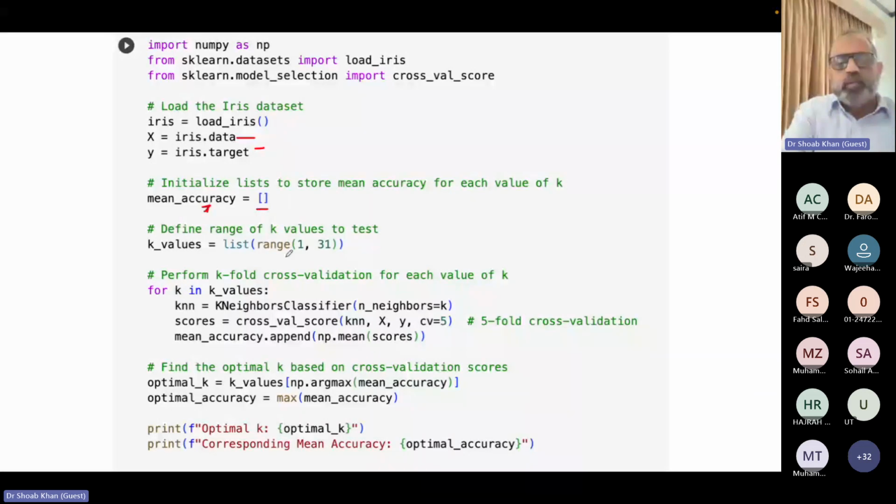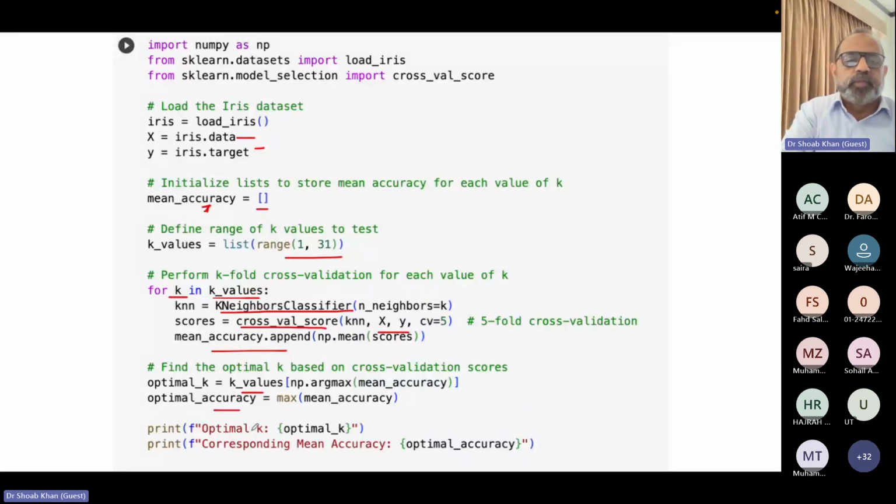Then it is going to vary the value of k from 1 to 31, and every time it is going to use a k-neighbors classifier. These are the cross validation scores: every time it selects a value of k, it does the validation, takes the mean accuracy and appends it, and here are the optimal value and the accuracy.